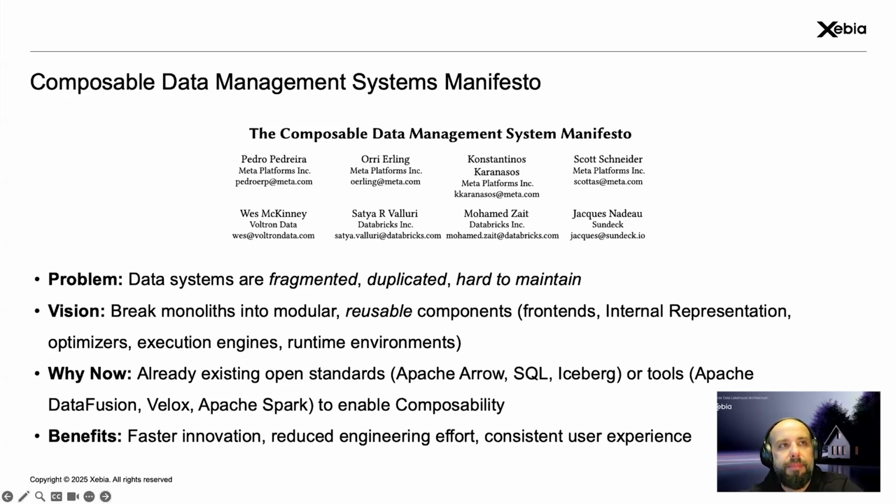We got a standardized SQL layer. We got storage file formats like, for example, Apache Iceberg. And at the same time, we have a set of very extensible execution engines, such as Apache DataFusion, Velox, or Apache Spark, that can be used as reusable and shareable components.